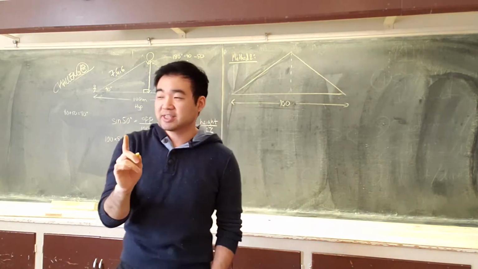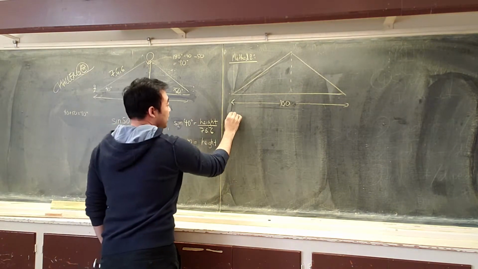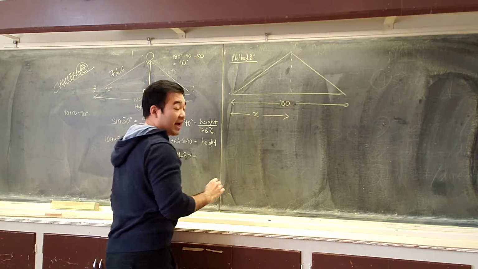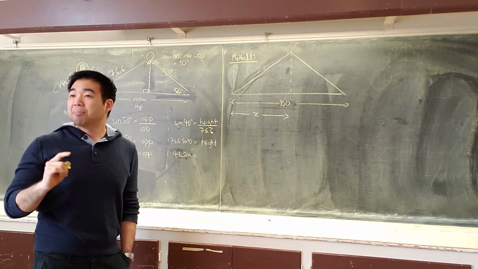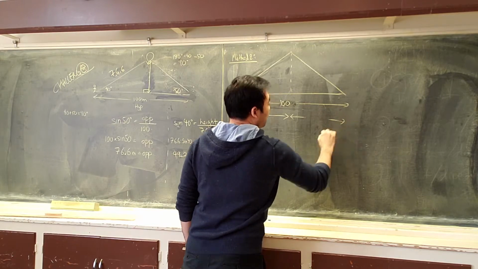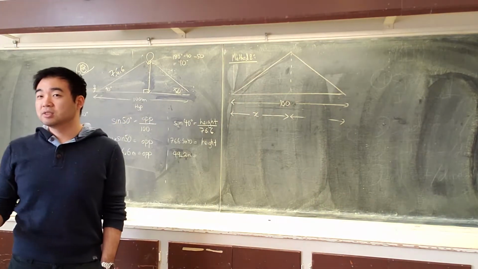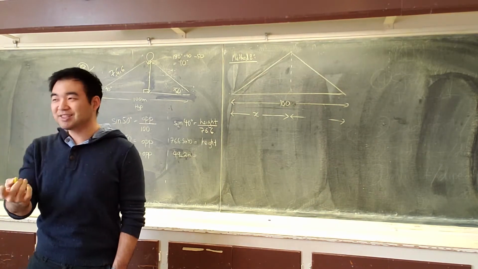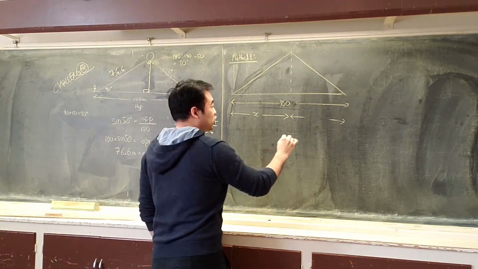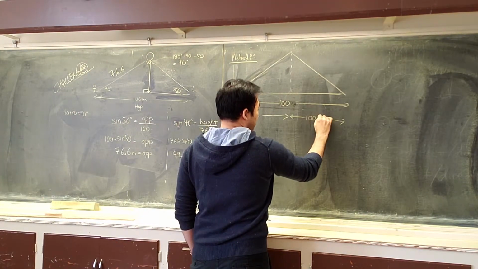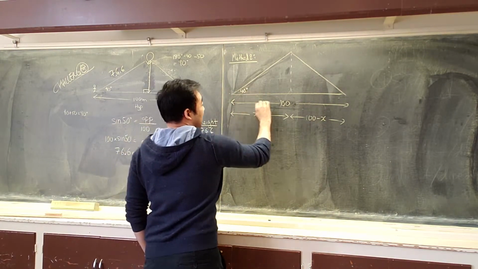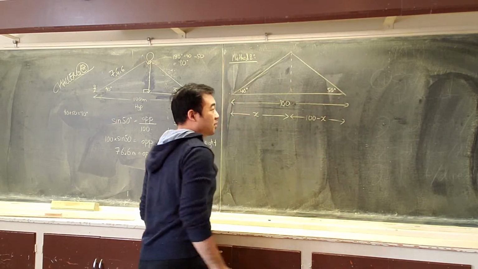If you remember an example I gave as a warm-up, if this distance was called x, what is the expression we can use for that portion? 100 minus x. I don't want to introduce another variable if I can help it. This is 40, and this is 50. Are you ready?